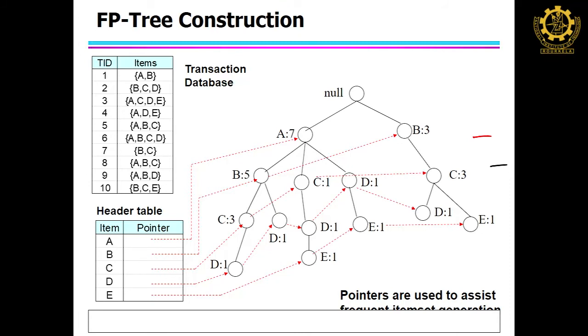An extra thing is there, we will have the header table, and the header table consists of the item set, here A, B, C, D, E. B will come first, because the cardinality of B is highest, then A, then C, then D and E. Now, there will be a pointer, wherever A is there, it will connect to that pointer. Let us say here, so it was A actually.